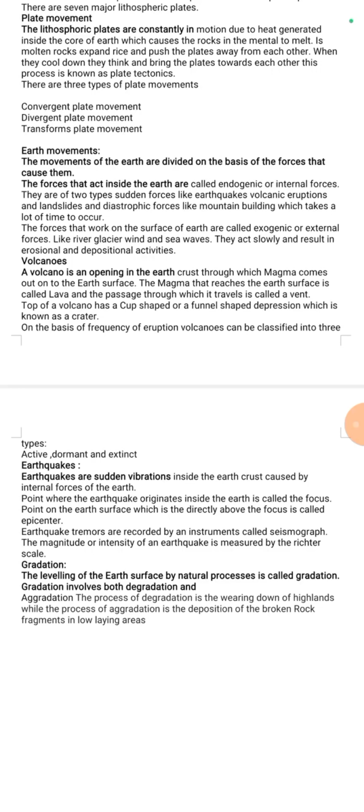Now let's talk about volcanoes. What is a volcano? All of you know very well that a volcano is an opening in the earth's crust through which magma comes out onto the earth's surface. The magma that reaches the earth's surface is known as lava, and the passage through which it travels is called a vent.